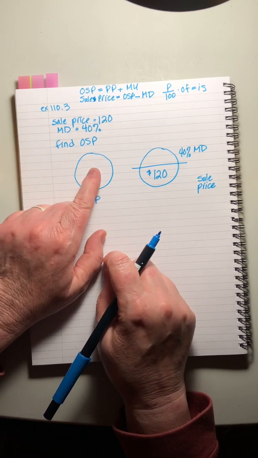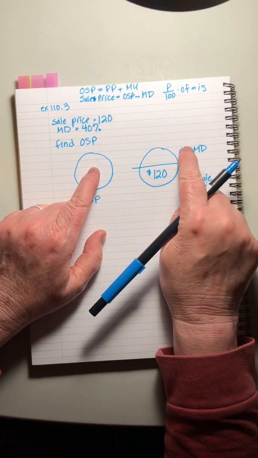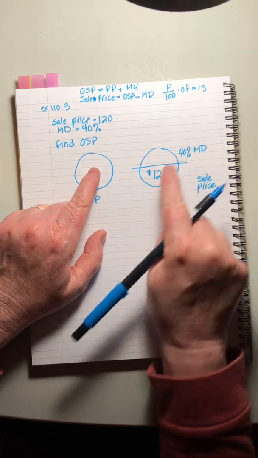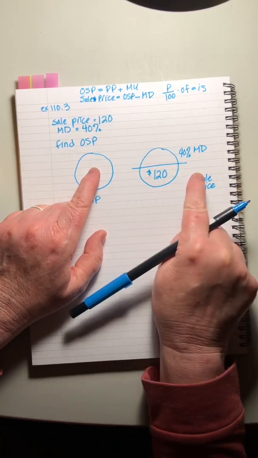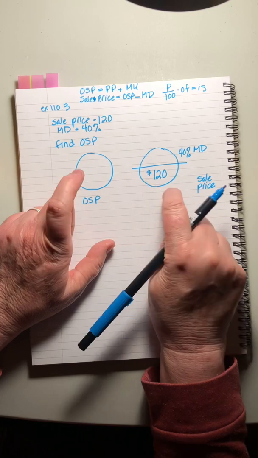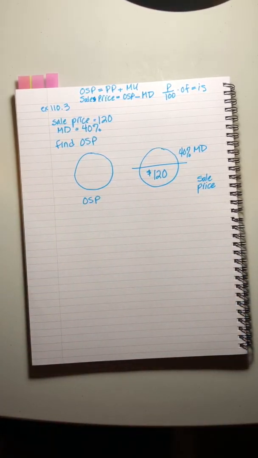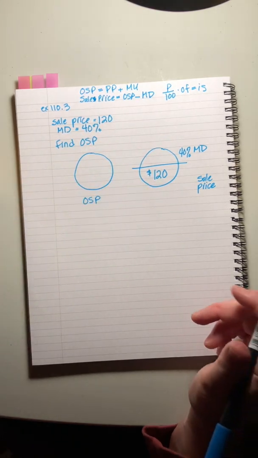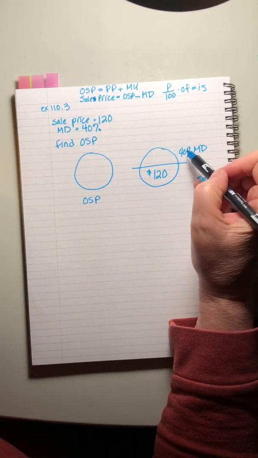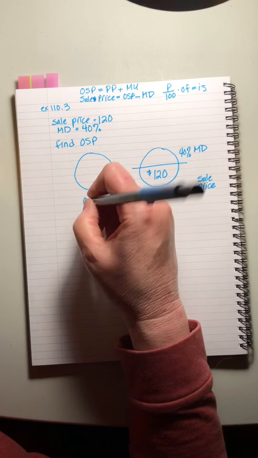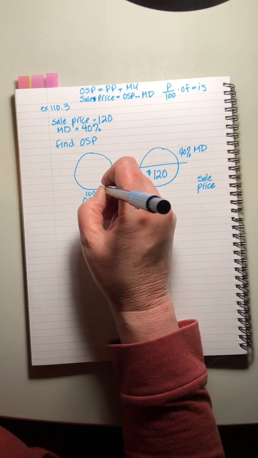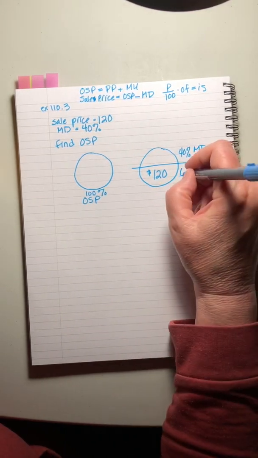Now, this is one of those tricky ones because we've got the percent for one part and the number for the other part. So what we have to do is use this information to get two pieces of information that relate to the same part of the circle. The easiest way to do that is with the percent, because we know that these two have to total 100%. So if this is 40, this has to be 60.